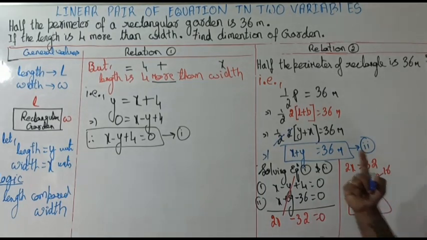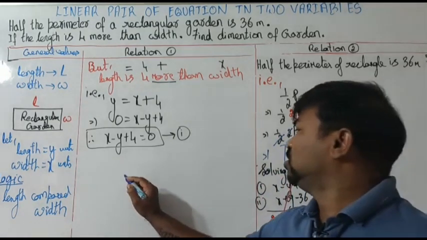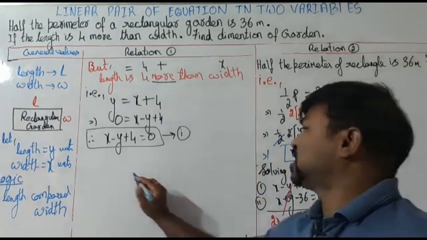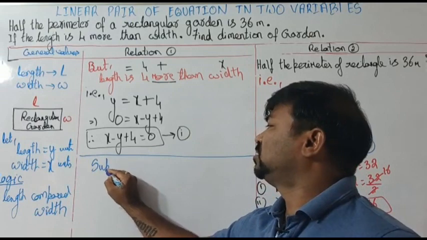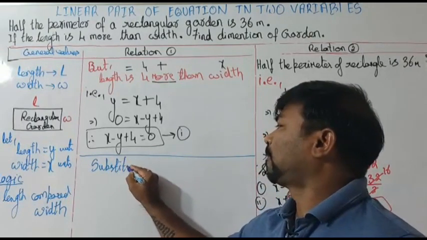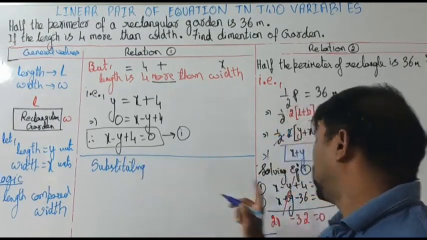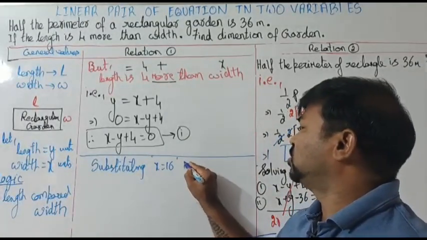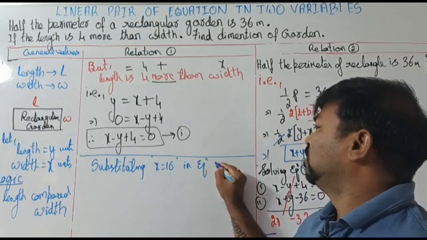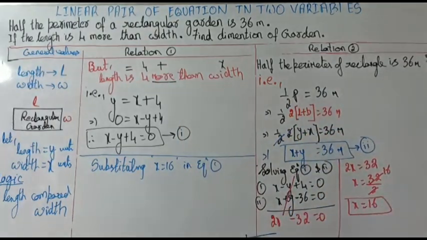Now let's substitute. Let me write it down here. Substituting the value we've got, x equals 16, in any one of the equations, in equation 1. What's the first equation that we got?